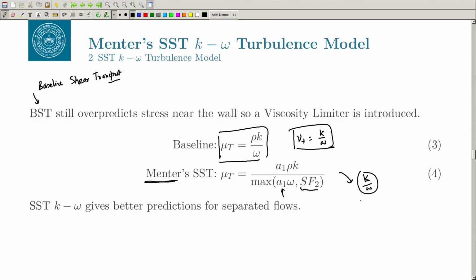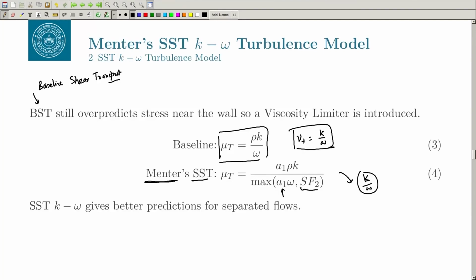Let us say you have an expansion fan in some region, and you expect that the eddy viscosity should go down, but if you use the baseline turbulence model, it is still going to produce a very high level of k by omega.